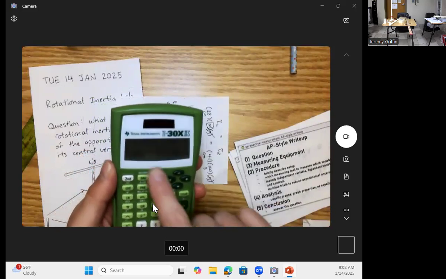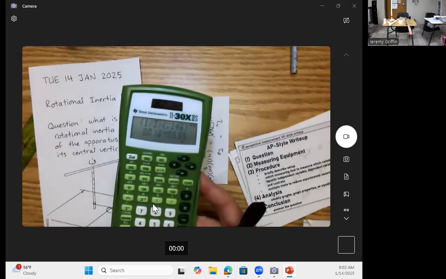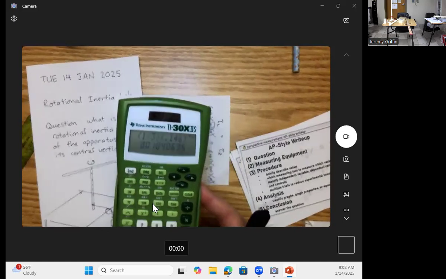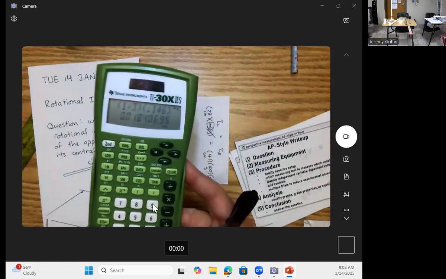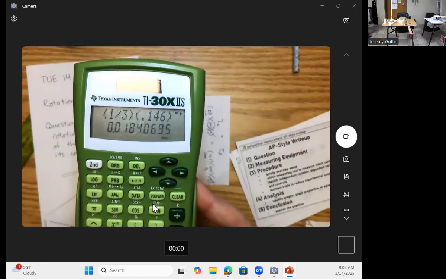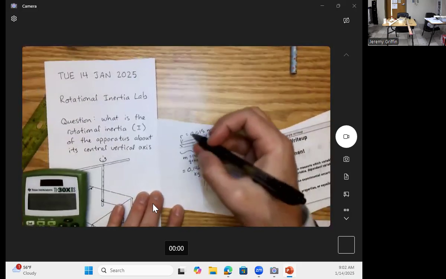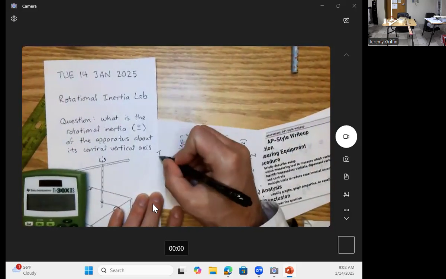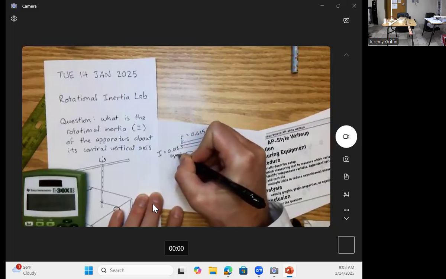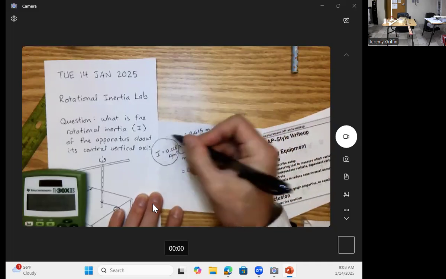Now, a lot of these numbers are going to be small today because SI units are kilograms and meters, and we're working with numbers smaller than a kilogram and smaller than a meter. So that's okay that the numbers are small. You see 0.018 something. That's just this arm right here. So just this arm has I of 0.018 kilogram meter squared. The unit is kilogram meter squared.